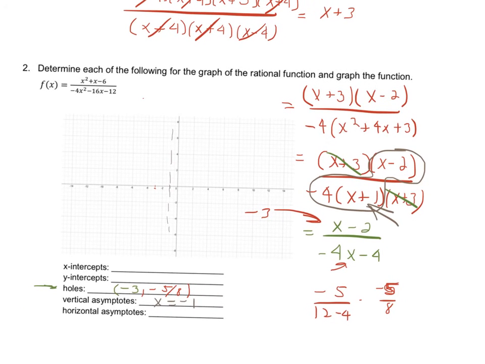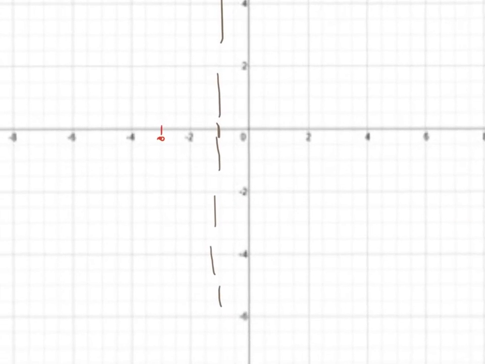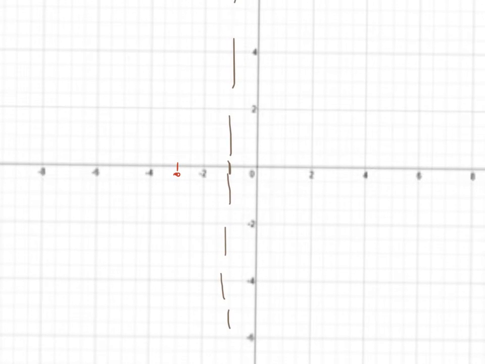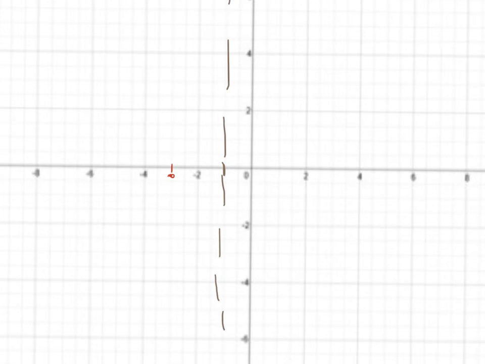Horizontal asymptotes, we compare degrees. I have x to the first, so I look at coefficients: 1 on the top, negative 4. So y equals negative 1/4. Back to the graph. Negative 1 is right here, that's negative 1/2, so negative 1/4 will run right through there.